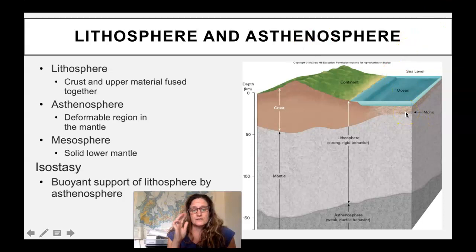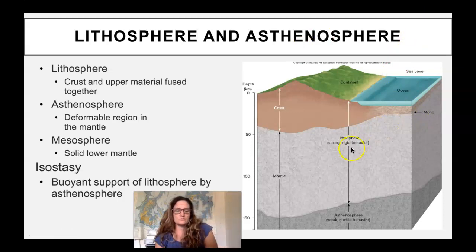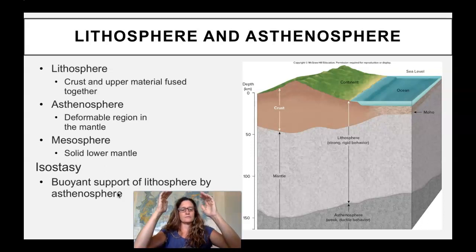The asthenosphere is underneath, way down here, and it is weak and behaves ductilely. So if pressure is put on it, it's going to yield to that pressure. Isostasy is a term that we use to talk about the layers of the earth and how their elevation can be high or low, and whether they have a root.